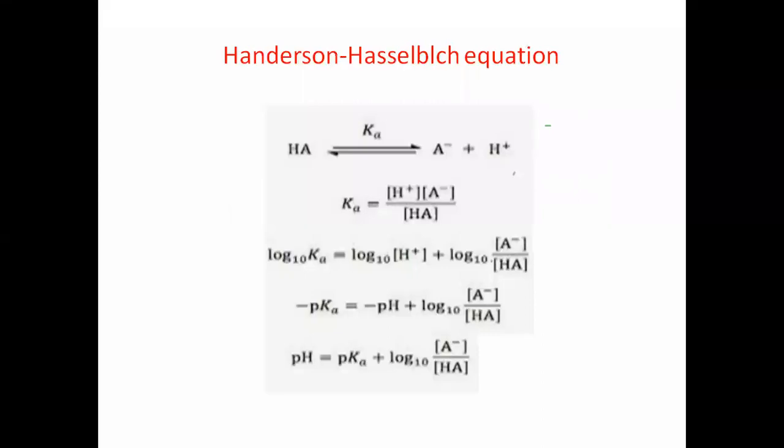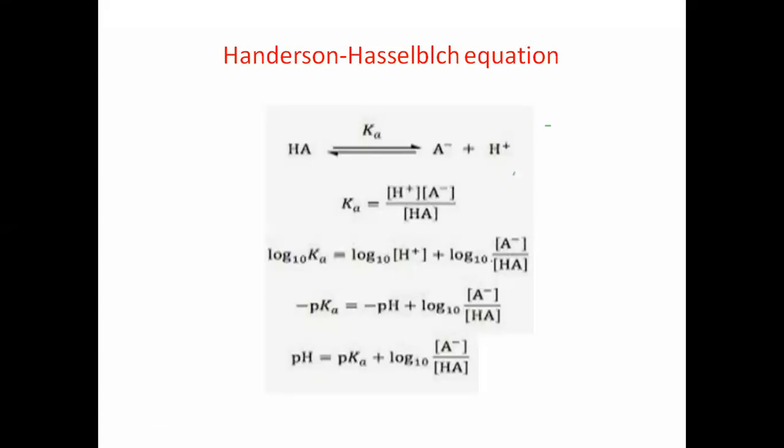So the next one is the Henderson-Hasselbalch equation. This we have also seen already. Suppose you take the dissociation of a weak acid, HA getting dissociated to A minus plus H plus. And the dissociation constant is called Ka. Ka, that is the equilibrium constant of this dissociation equilibrium, is also called the dissociation constant.